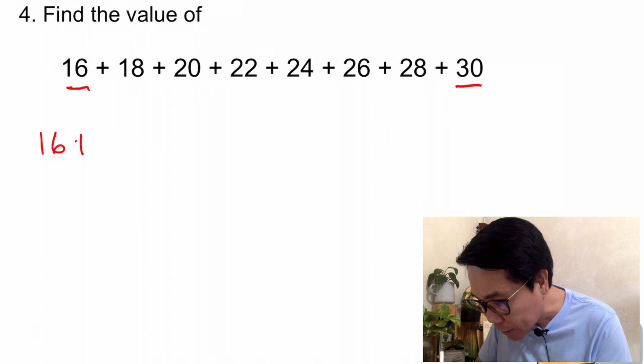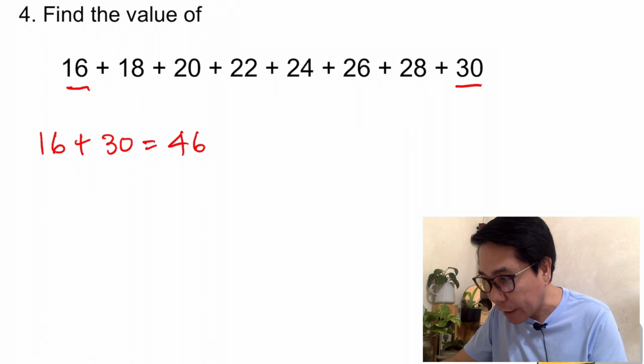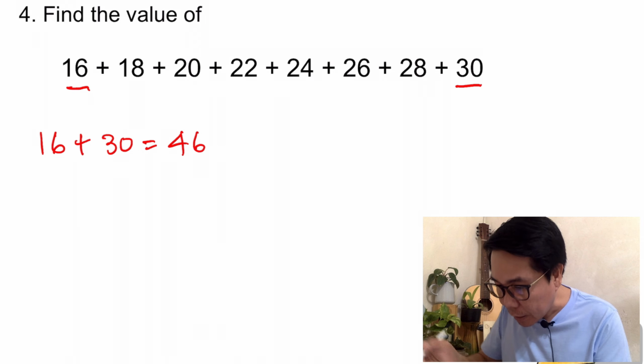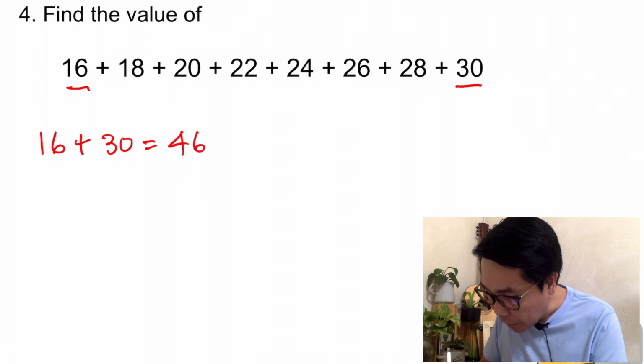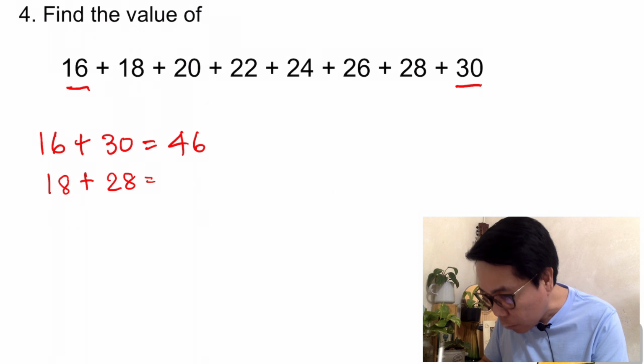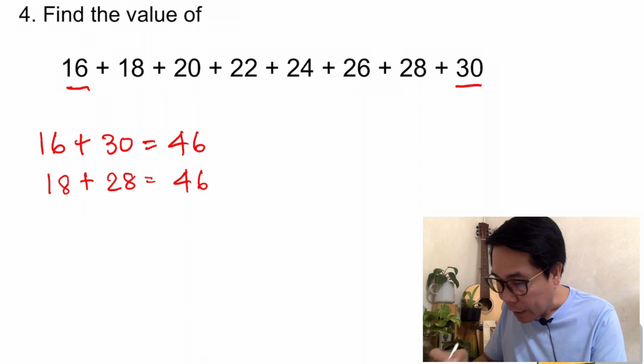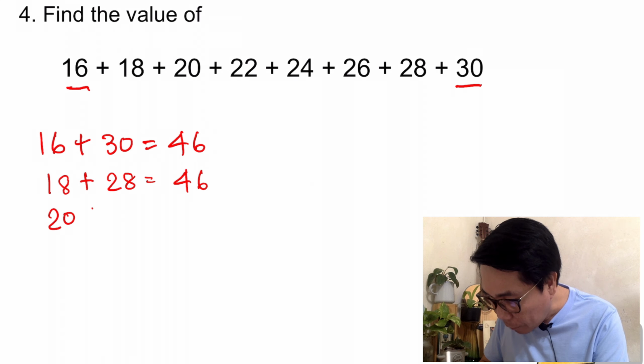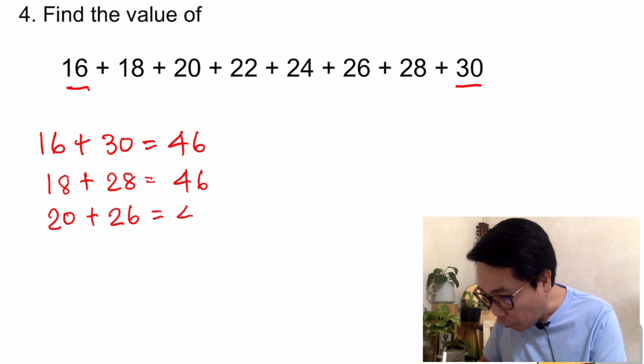So 16 plus 30 is 46. Then we have 18 plus 28, still 46. Then we have 20 plus 26, still 46.